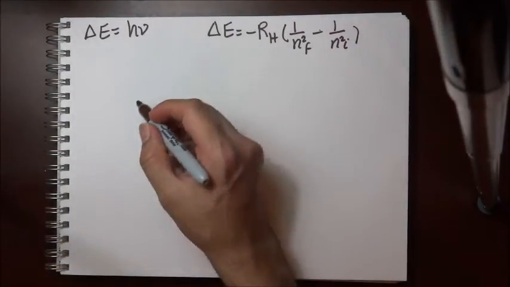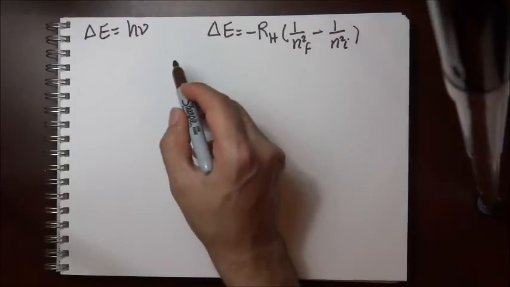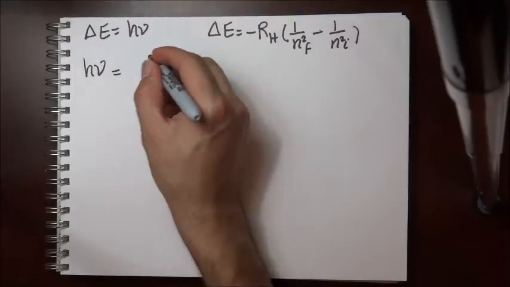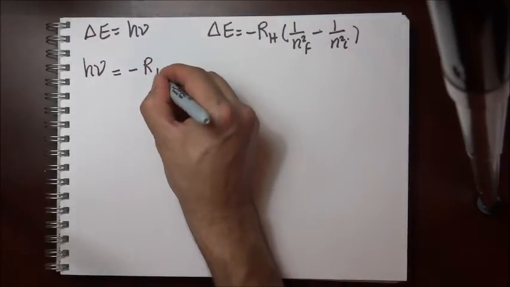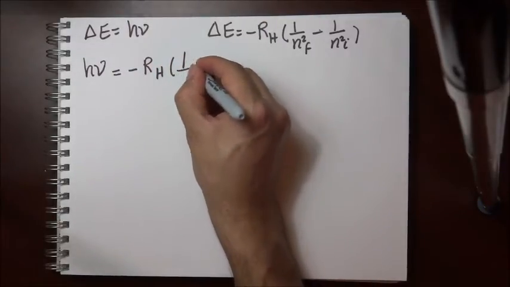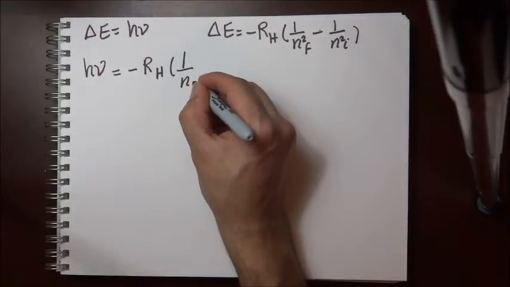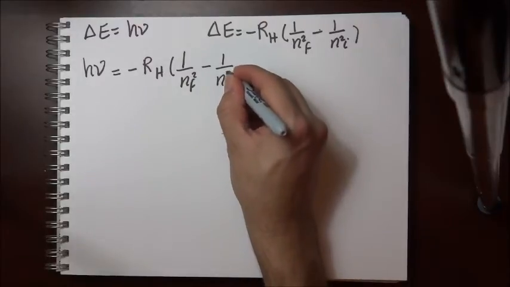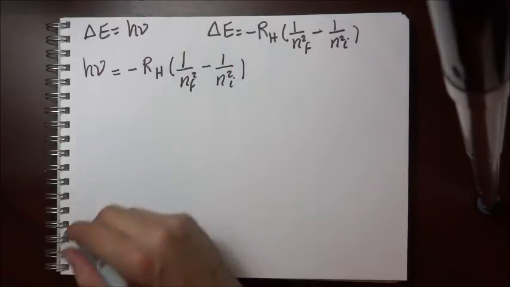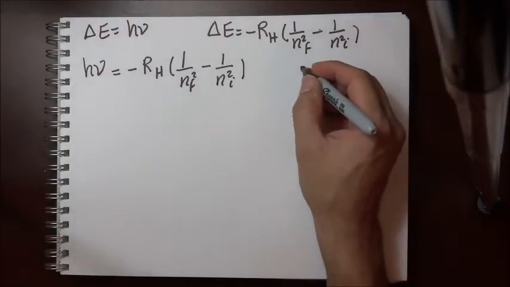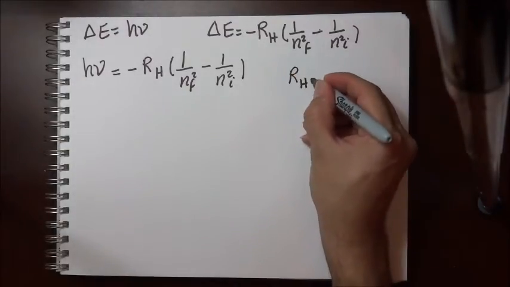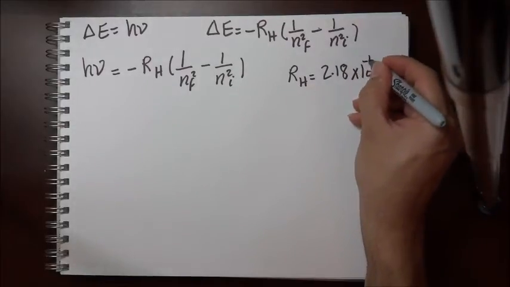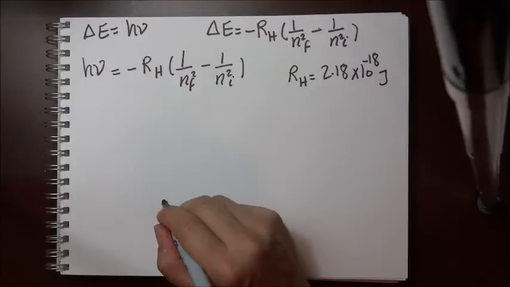Left side are delta E for both formulas, so I can say h nu is equal to minus Rydberg constant times 1 over square of final n minus 1 over square of initial n. R H is equal to 2.18 multiplied 10 to the minus 18 joule.